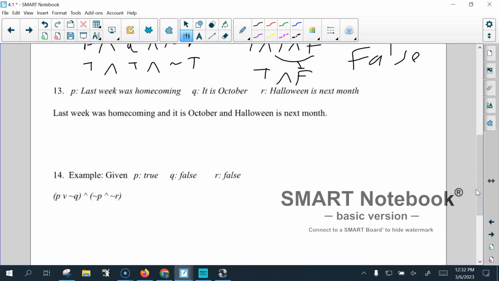Until you get used to this, it's a good thing to have the notes right next to you to remember what the requirements are. But if you just think about it, it kind of makes sense. And needs two truths to be true, or needs two falses to be false.